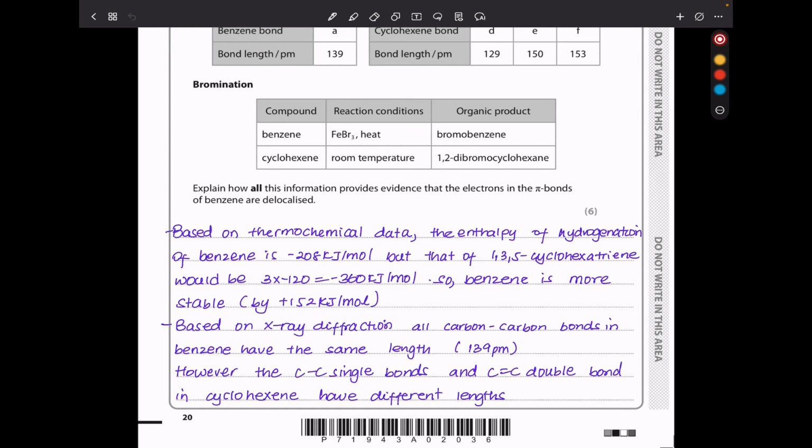So benzene is more stable by 152 kJ per mole. Based on X-ray diffraction, all carbon-carbon bonds in benzene have the same bond length, which is given. However, the carbon-carbon single bonds and the carbon-carbon double bonds in cyclohexene have different bond lengths.